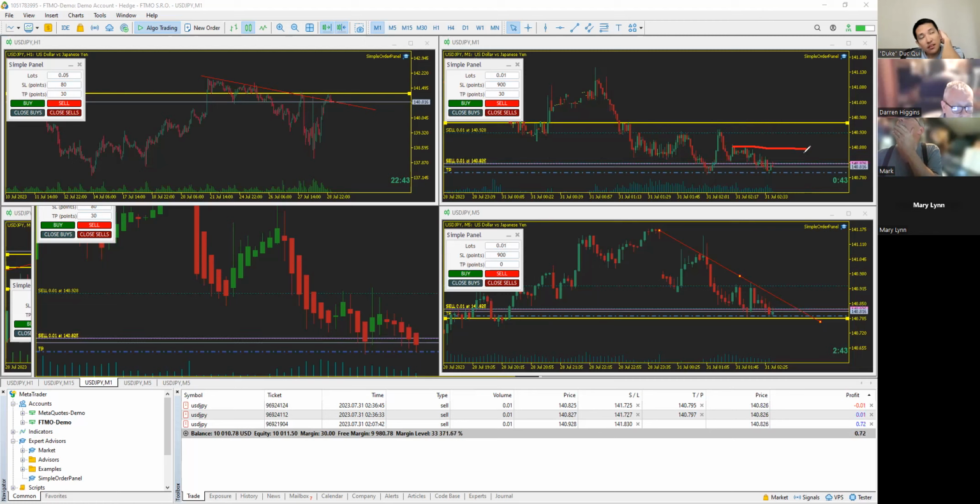Okay. Because this right here is your last downward wave, like that. Does that make sense? So even if it comes up to here and here, it's still within the down channel.